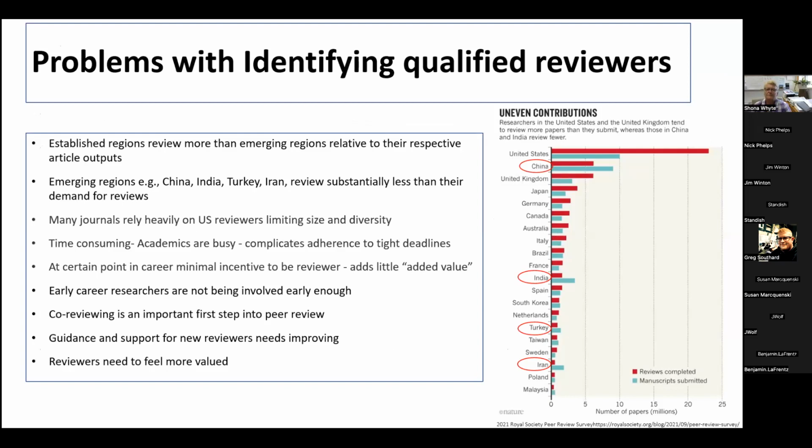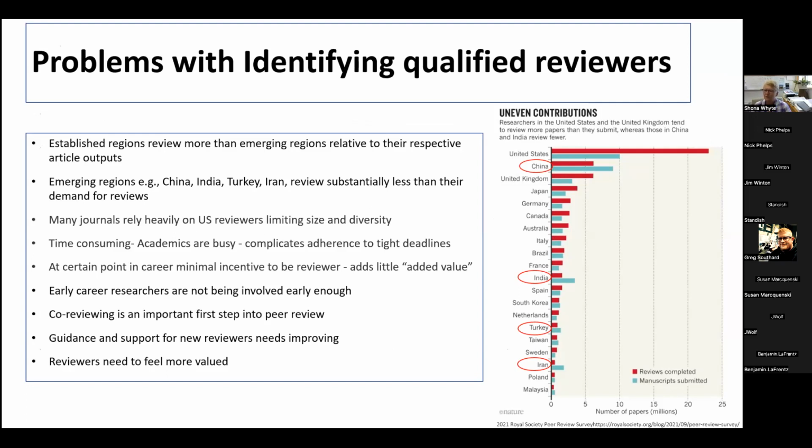Other problems. So this is very interesting. Established regions review more than emerging regions relative to their respective outputs. This was a review by the Royal Society in 2021, and they've indicated here that China, India, Turkey, and Iran are these emerging regions, and they review substantially less than their demand for reviewers.